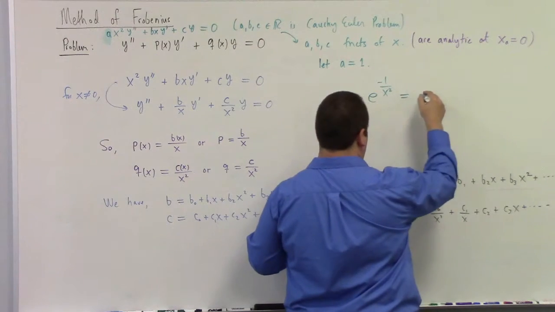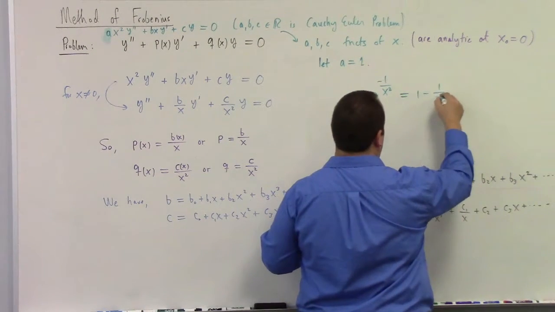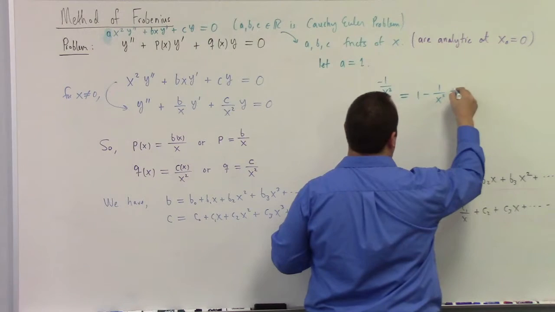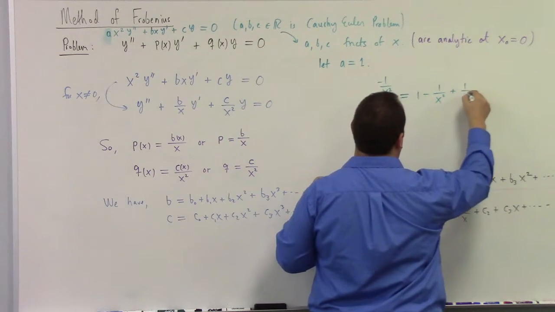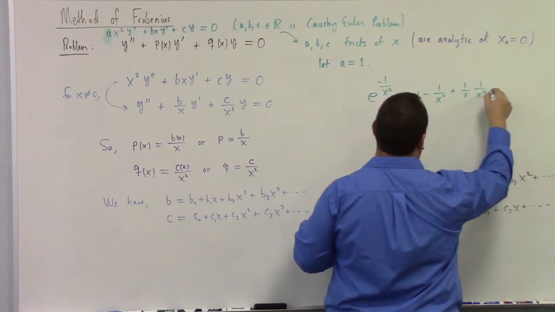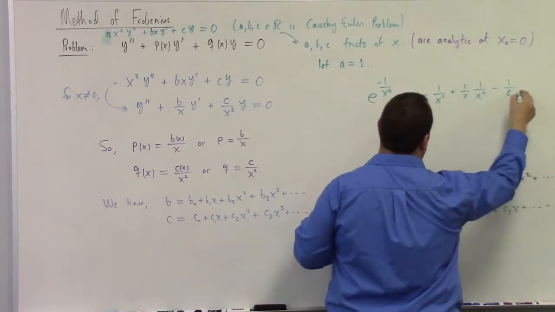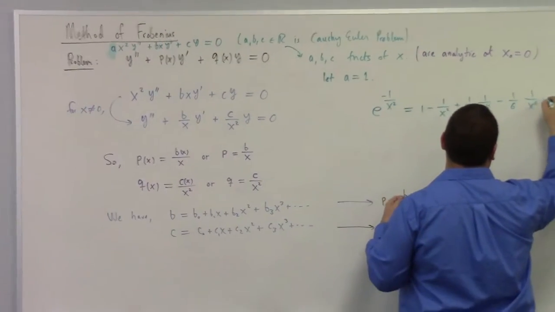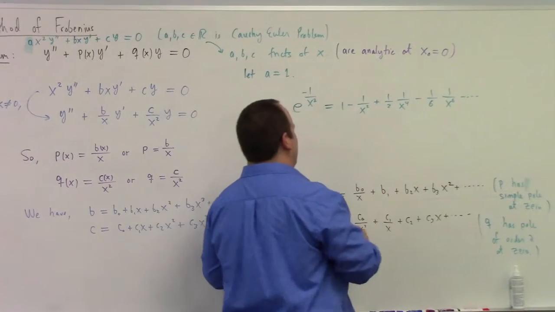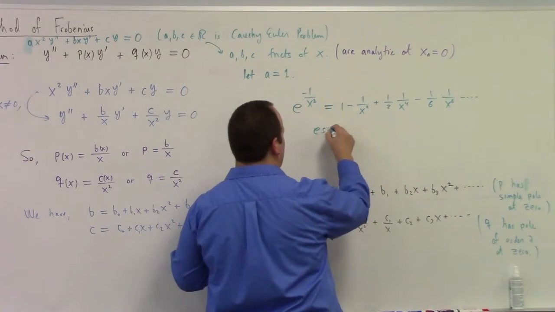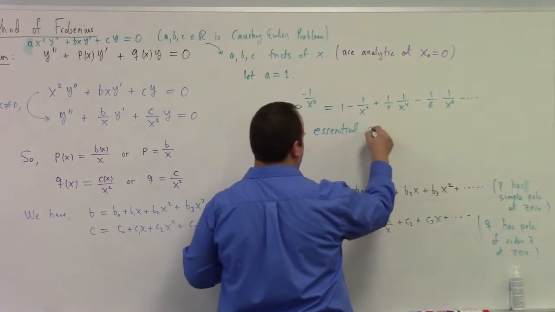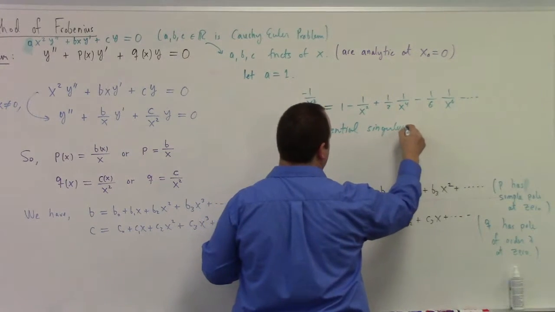If you expand the power series, it's 1 minus 1 over x squared plus 1 half 1 over x to the 4th minus 1 over 6, 1 over x to the 6th, and so forth and so on. This is what's called an essential singularity at 0.